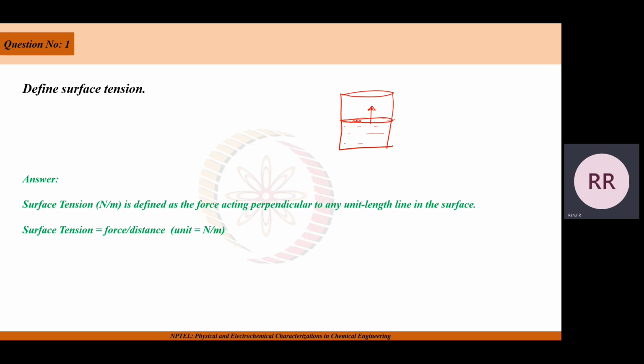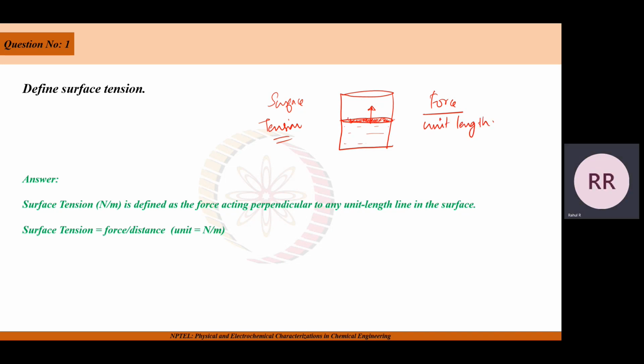So what is the force that is acting at this surface? That force per unit length is called surface tension. Surface tension is nothing but force per unit length.